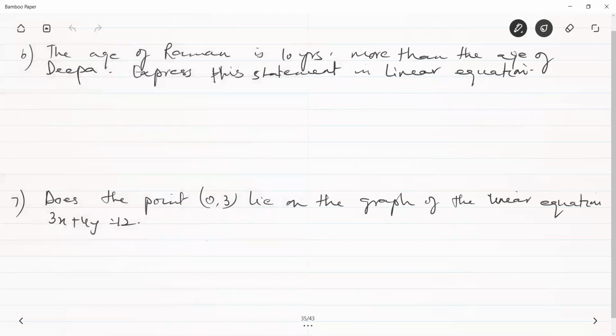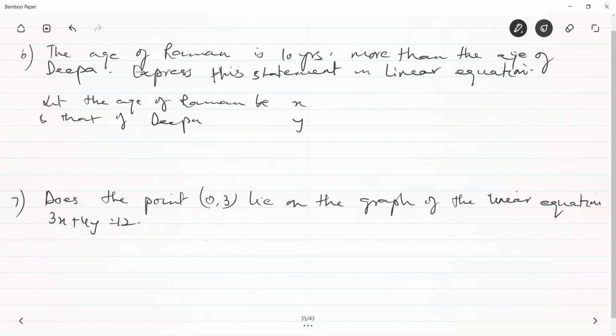Now, the age of Raman is 10 years more than the age of Deepa. Express this statement as a linear equation. How do you express this? Now you can take two variables. So let us assume, let the age of Raman be x and that of Deepa be y.